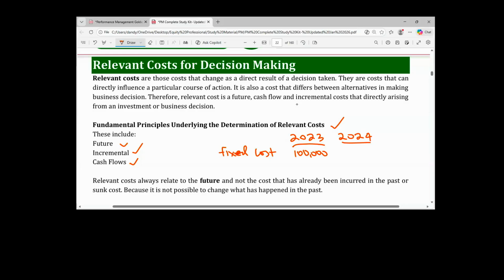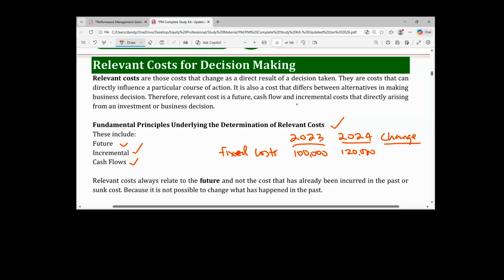In 2024, this cost has increased to 120,000. Management is now asking, how much of fixed costs were incurred in 2024?